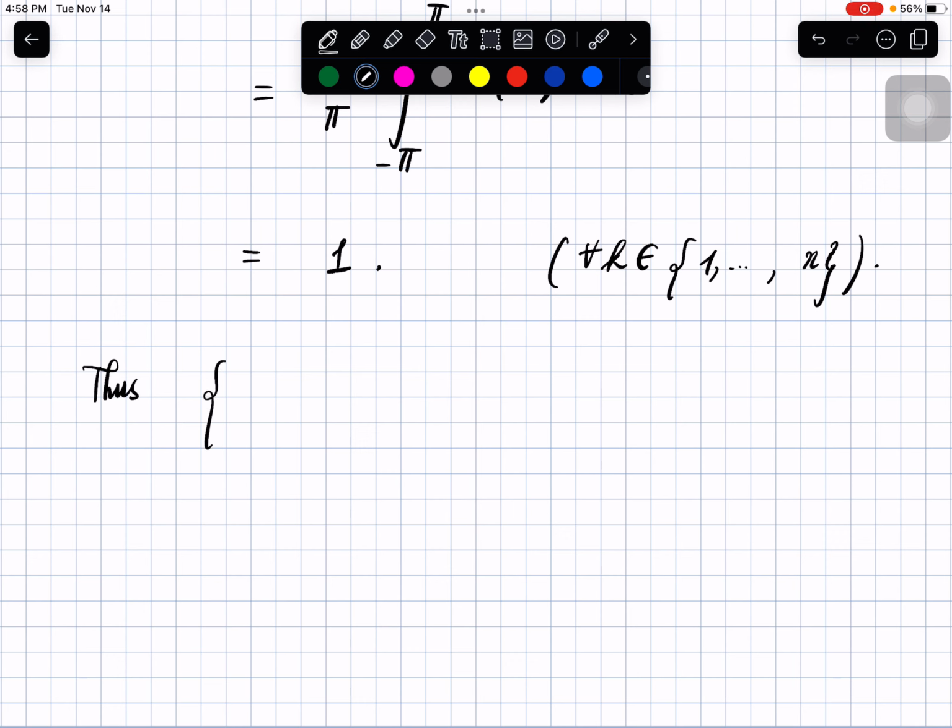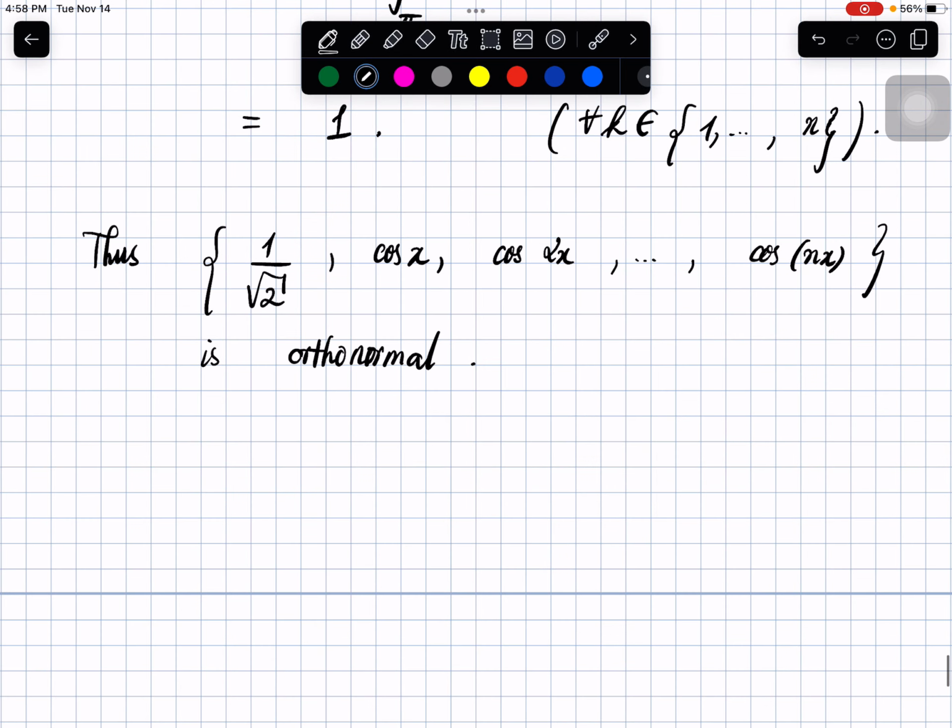So the set containing the functions 1 over root 2, cosine x, cosine 2x, up to cosine nx is an orthonormal set. Okay.